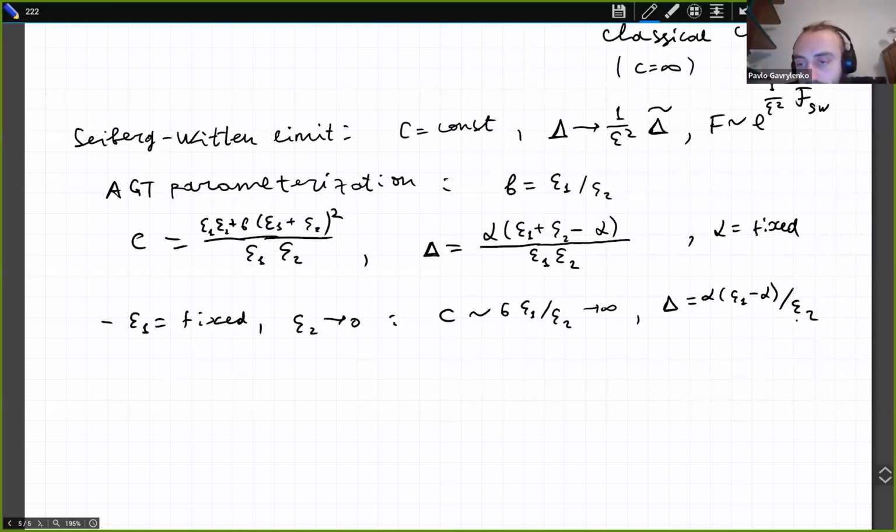So in this case the conformal block behaves like e to the 1 over epsilon 2 times the conformal block of epsilon 1 and everything else, alpha, z, and so on.